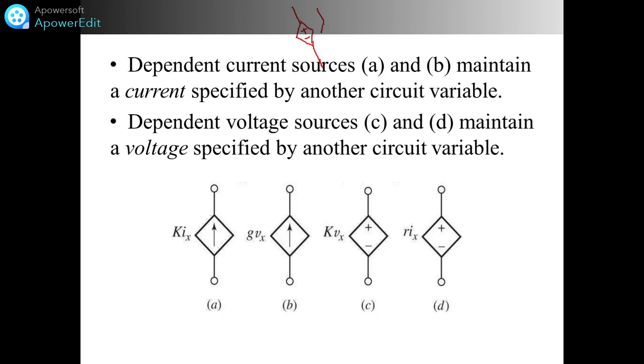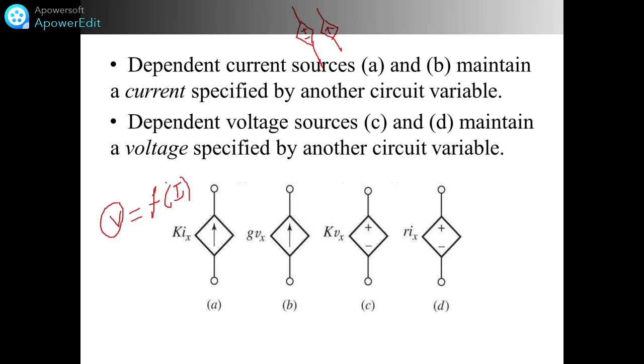If it is a current source, it is denoted by a diamond with an arrow inside. Based upon which parameter, voltage or current, is the controlling parameter, they are classified as dependent voltage sources and current sources. If the voltage depends upon the current, it means a function of current.